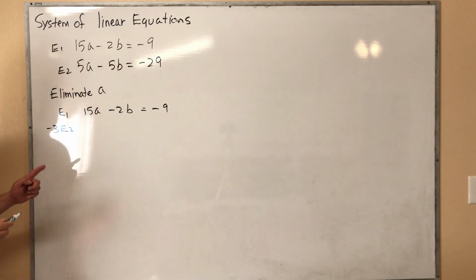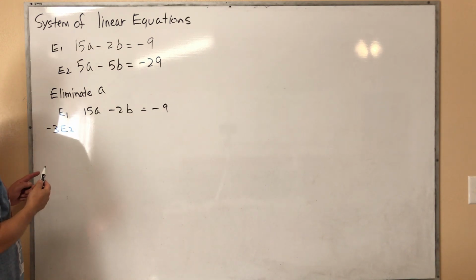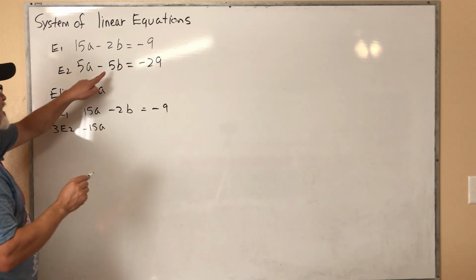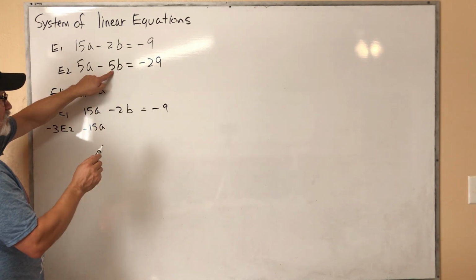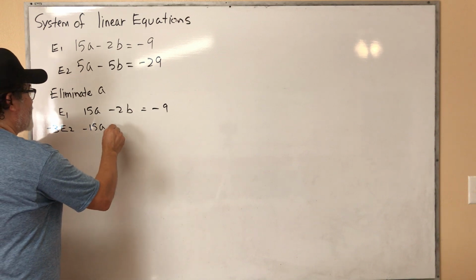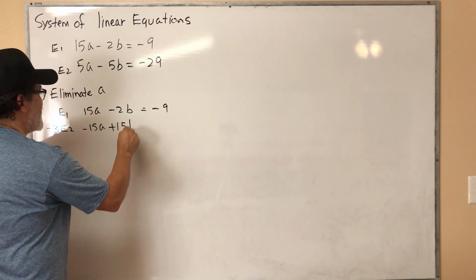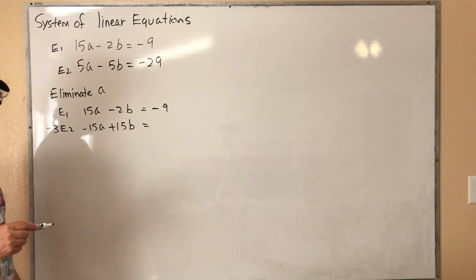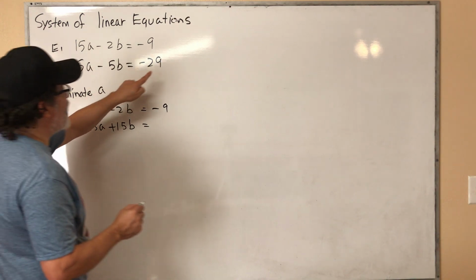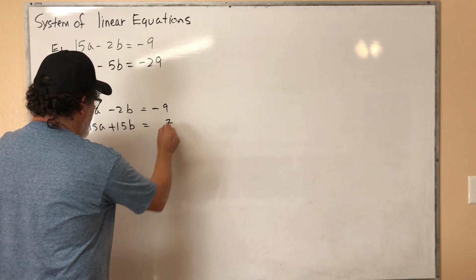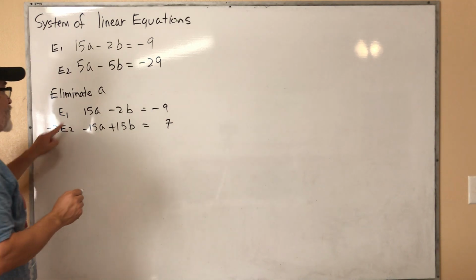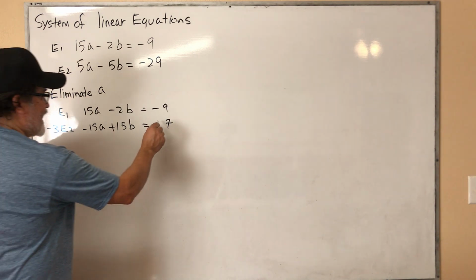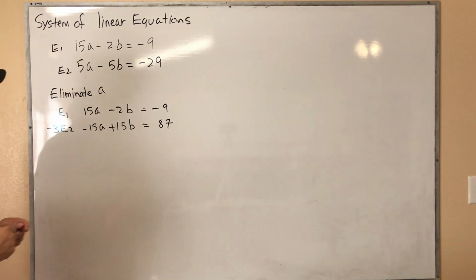And equation 2, multiply by negative 3: negative 15a by negative 3 is plus 15b, and then by negative 3, a negative times a negative is positive. 3 times 9 is 27, plus 2 is 8, and it's positive. There you go.